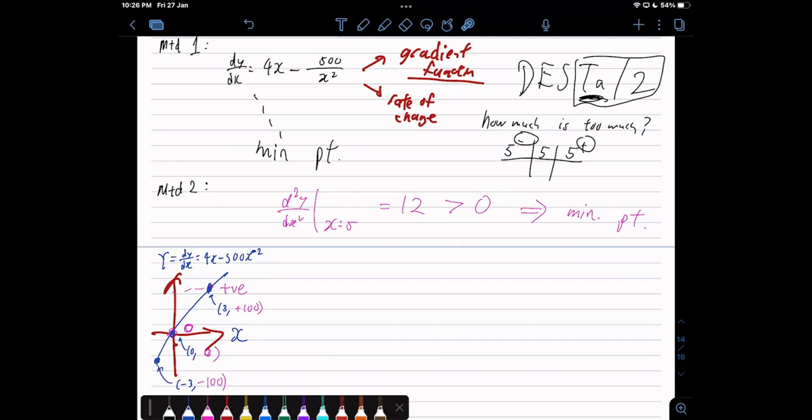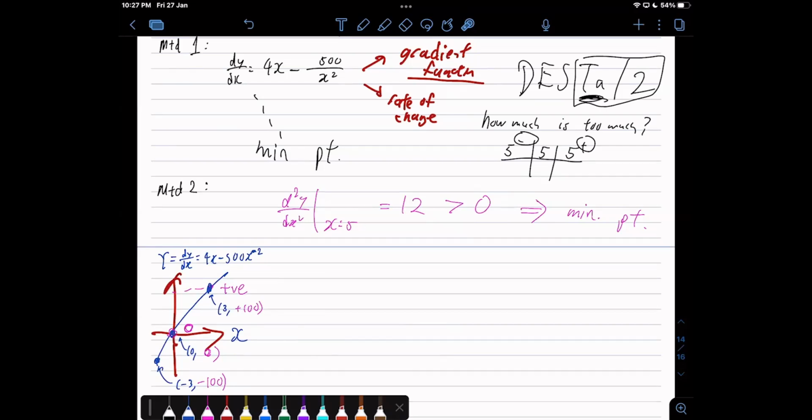Okay, this is a bit difficult. X cubed minus 6x squared. Yes, I finally found one example.